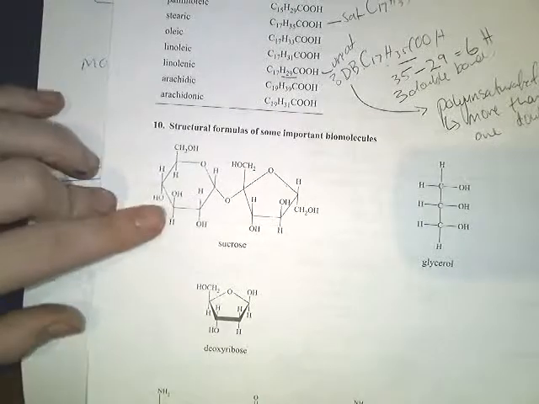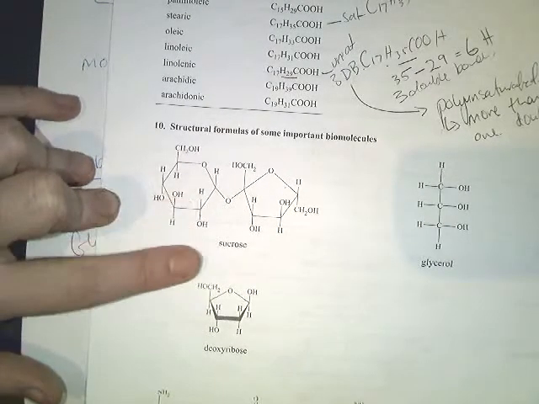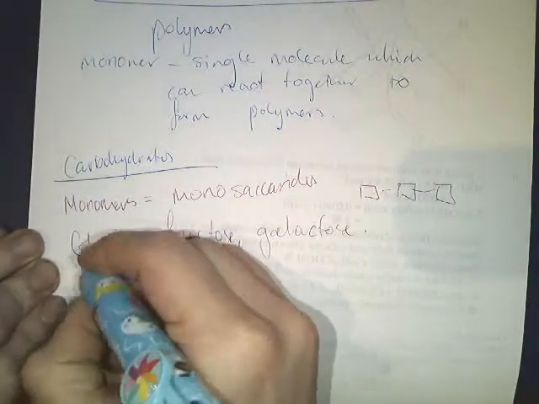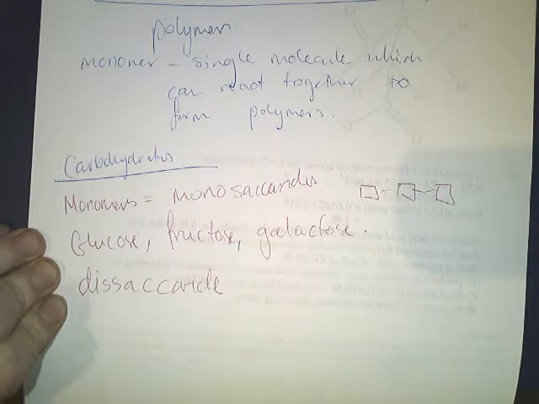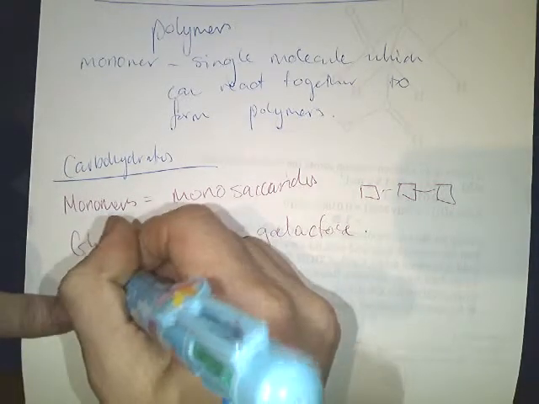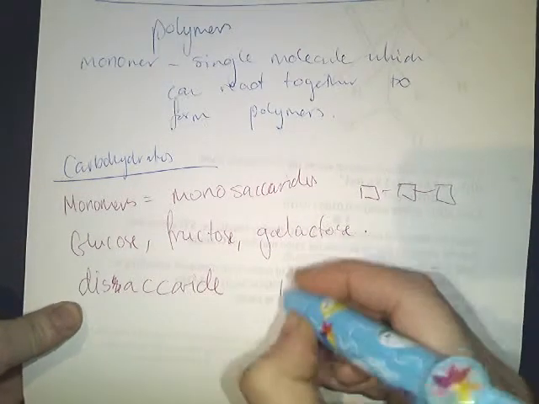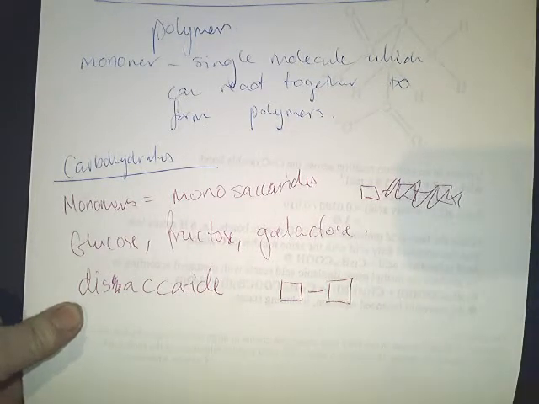So if we want to look at the sugar represented in our data book, well, there's two sugars. There's the one on deoxyribose and there's sucrose. Sucrose is what's known as a disaccharide. Monosaccharides are just one unit, whereas disaccharides are two units joined together.